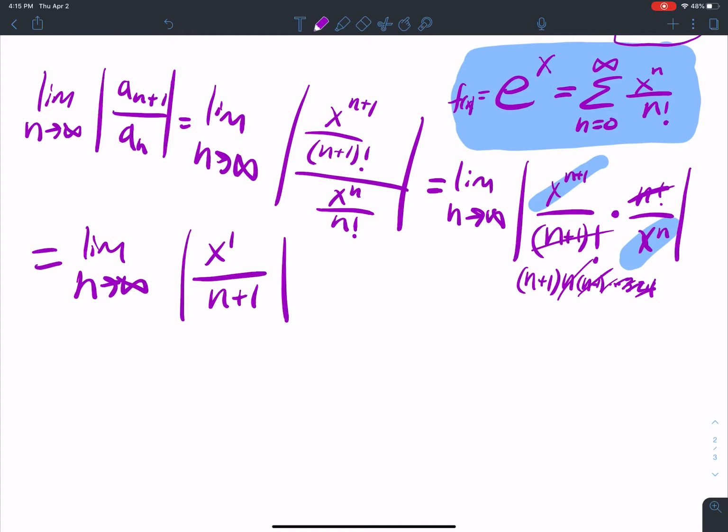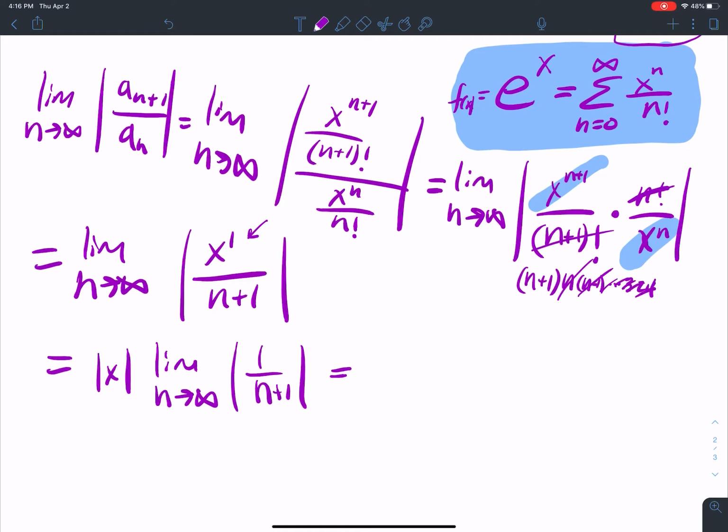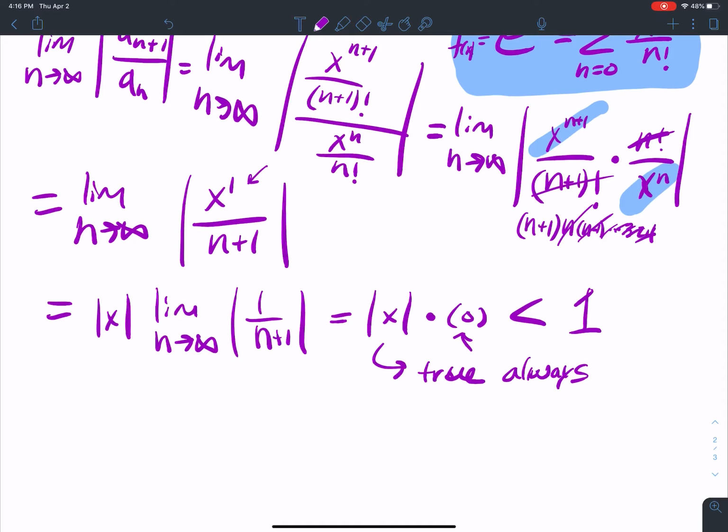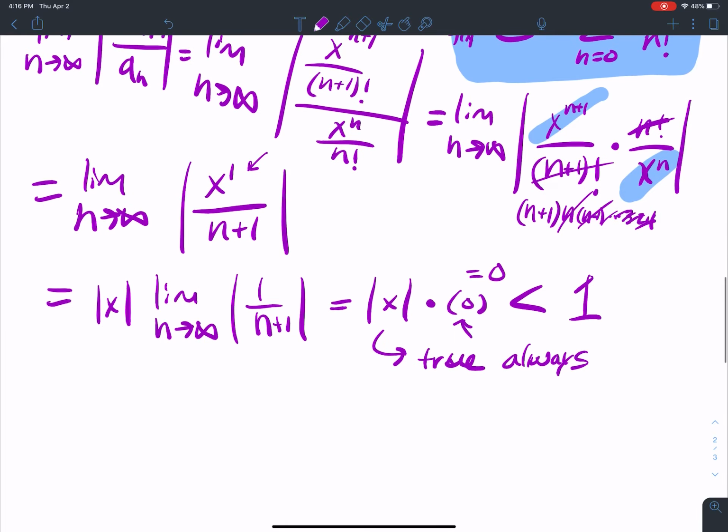Now, when I take the limit as n goes to infinity, I don't care about the x. I can pull it out and treat it like a constant. And I take the limit as n goes to infinity of 1 over n plus 1, which heads to 0. So I have something times 0. And when is that going to be less than 1? This is true always, because when I multiply a number by 0, I get 0. So 0 is always less than 1.